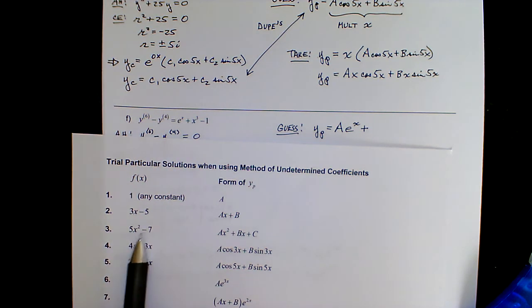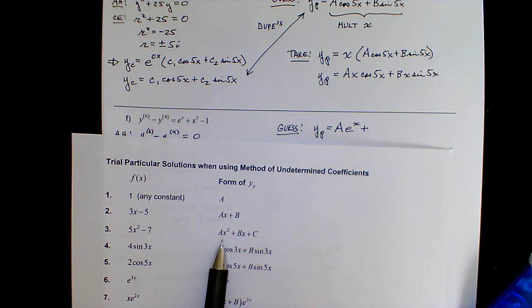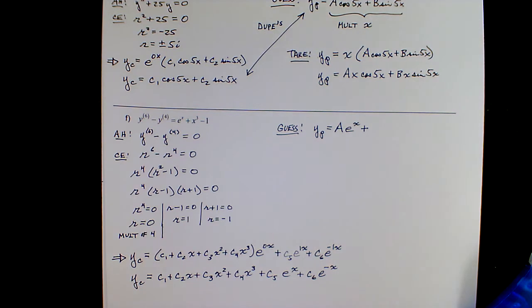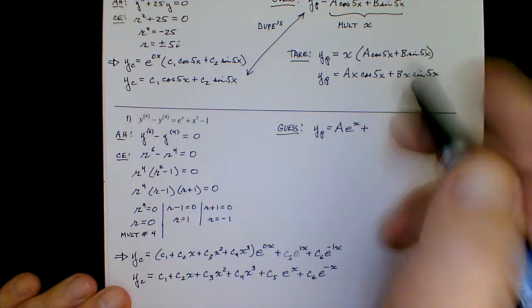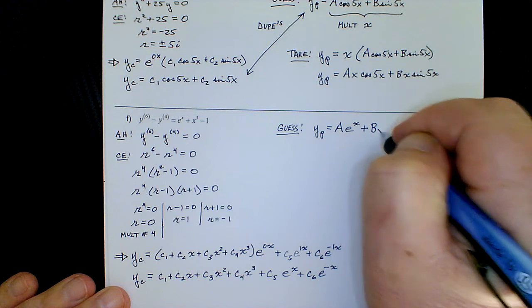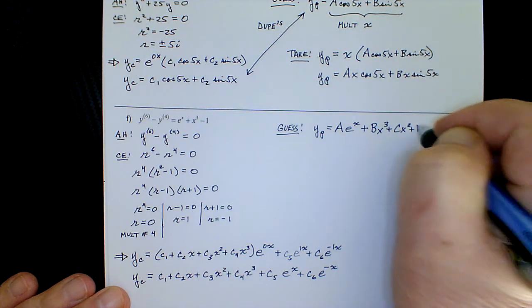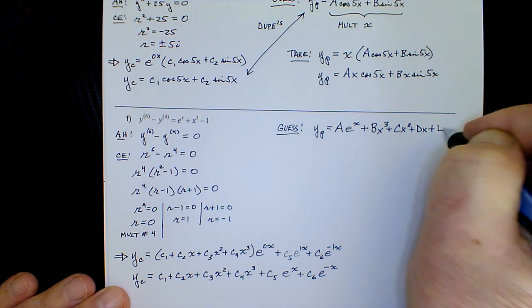But now for the polynomial part, kind of like number 3, but of 1 degree higher, you have to include all possibilities in the polynomial. So starting with the cubed power, bx cubed plus cx squared plus dx plus e.